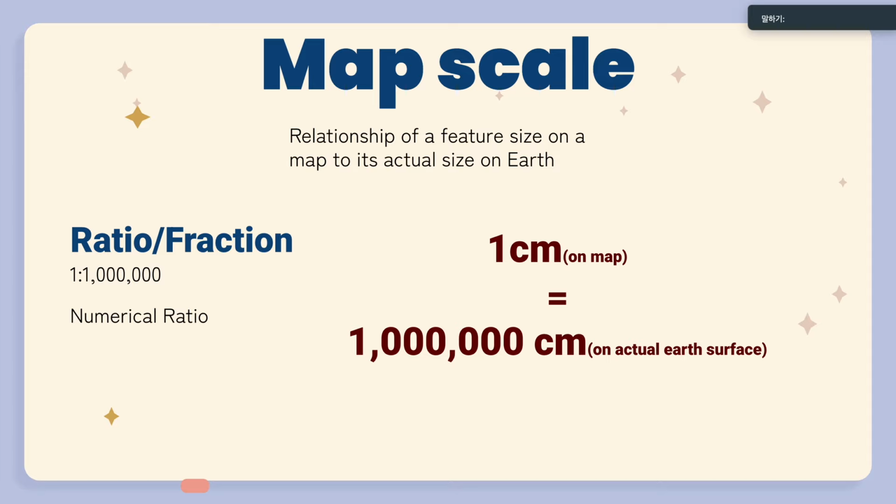Number 1, ratio or fraction. You make a ratio between distance on the map and actual Earth size. For example, a scale of 1 to 1 million means that 1 unit on the map represents 1 million units on Earth.